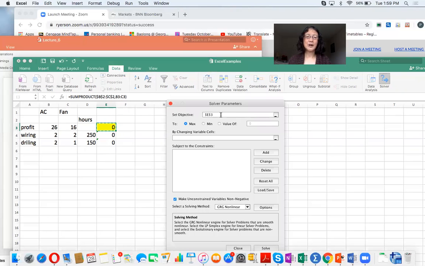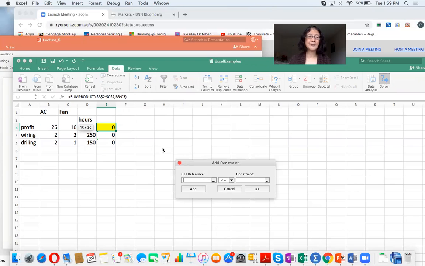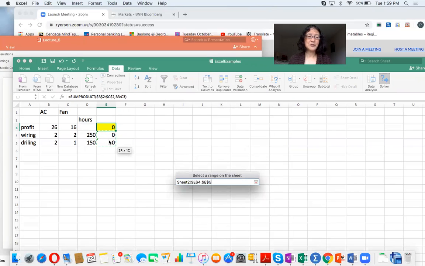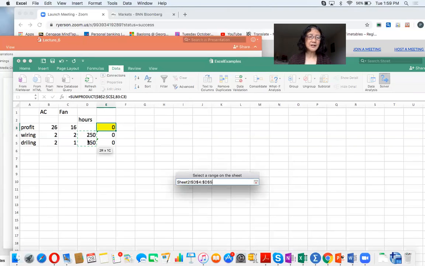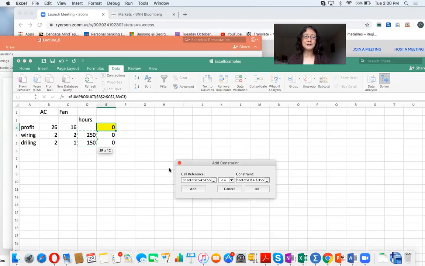Okay, set objective function E3 to maximum by changing cell. This is my X, this is my Y, and subject to constraint, I add constraints. So number of wiring, number of drilling will be smaller, equal to 250 and 150 respectively.